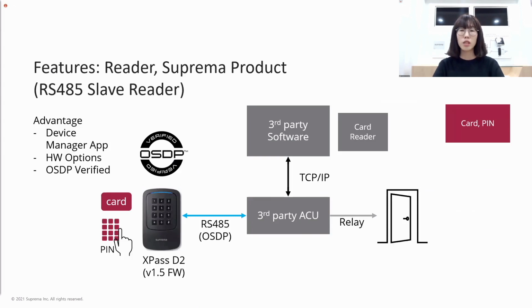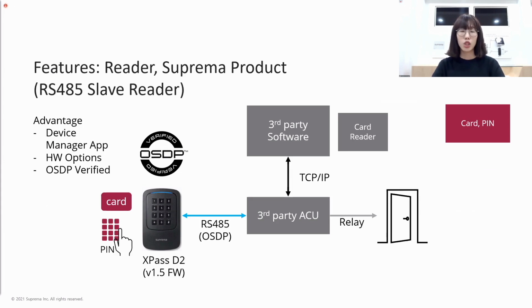The Suprema device connected to the access control panel via RS485 is referred to as an RS485 slave device in OSDP terms. An RS485 slave device does not store user information. It receives the requested command from the access control panel and operates accordingly. For example, when a card is scanned or a card input is performed, it is expected to pass the information to the access control panel via OSDP.